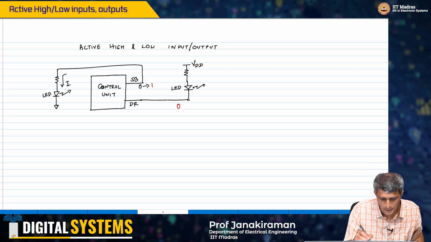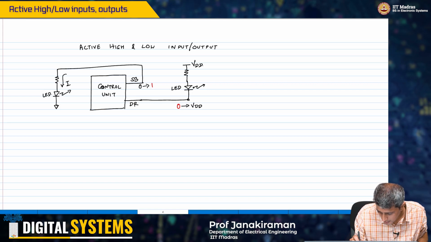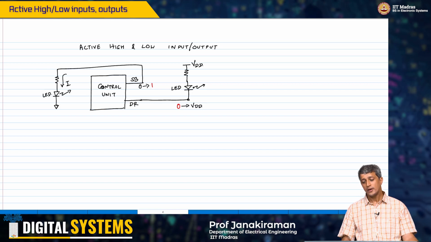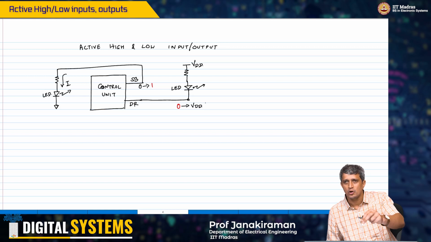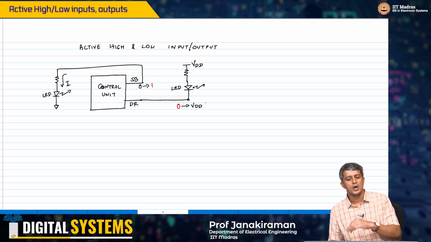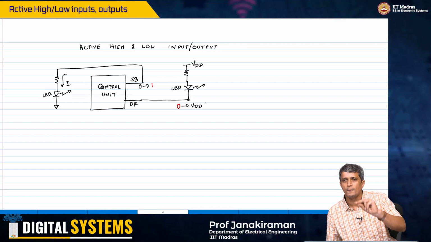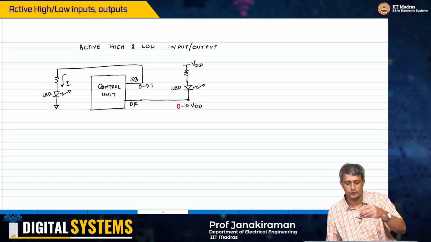But when DR is VDD, you will have nothing driving this. And depending on the application, you might end up with a different requirement for this truth table itself.